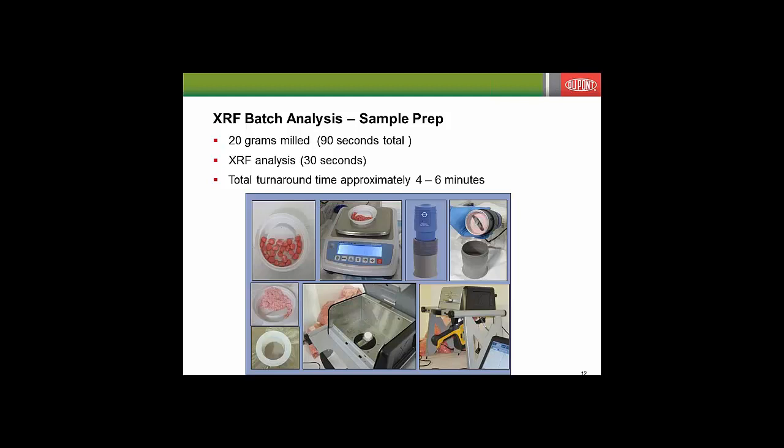The seeds are milled and homogenized into fine powder, and then the fine powder is what is actually measured on an XRF spectrometer using a traditional sample cup. This takes around 4 to 6 minutes to complete once a sample arrives, so it's a very quick measurement.